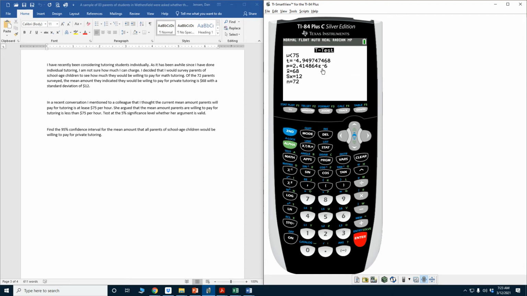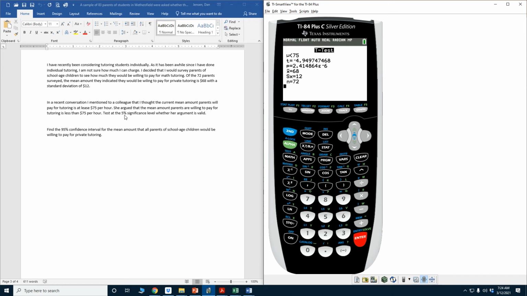That's 5 zeros before you get to the 2. So my p-value, therefore, is approximately 0.000. Notice that the x bar, sx, and n are repeated to give us that information back. So since my p-value is less than 0.05, I would reject my null hypothesis that the mean is at least 75, and I can reasonably conclude here that the mean is actually less than 75.